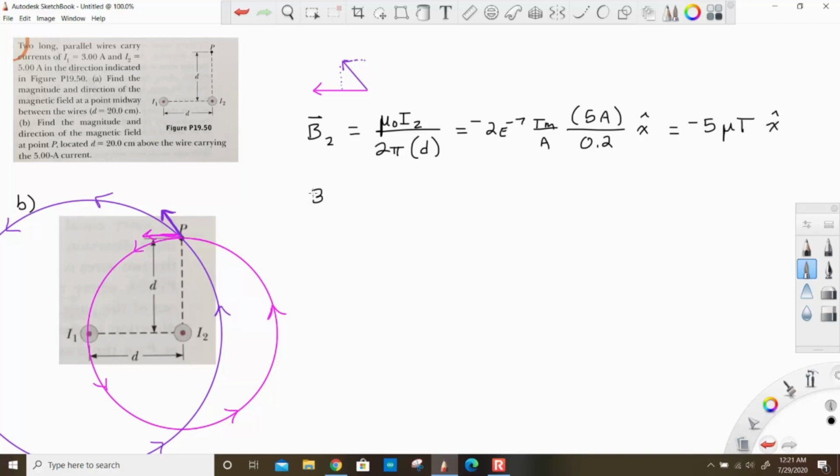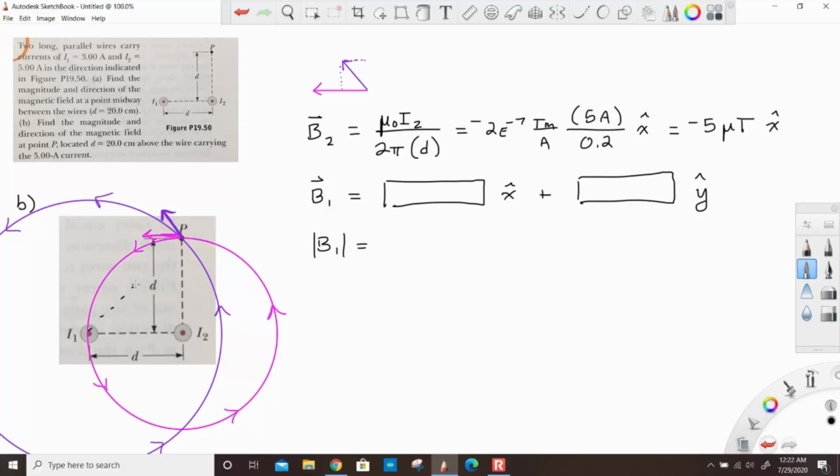Alright, let's try this again with wire 1, but this time we're going to have to put part of it in the x hat direction and part of it in the y hat direction. To find the x component, what we need to do is first do our magnitude. So what is the magnitude of the B field due to wire 1? Well, first of all, we need to find out what this distance is.